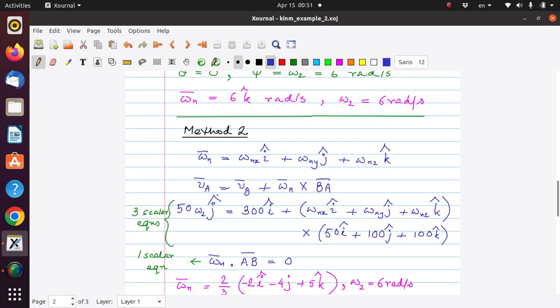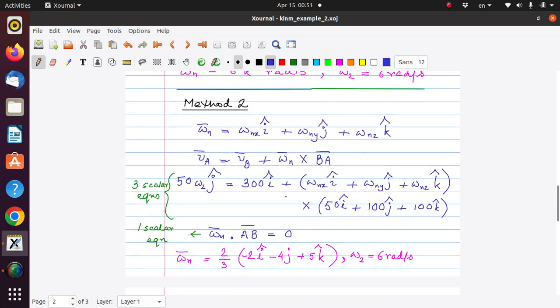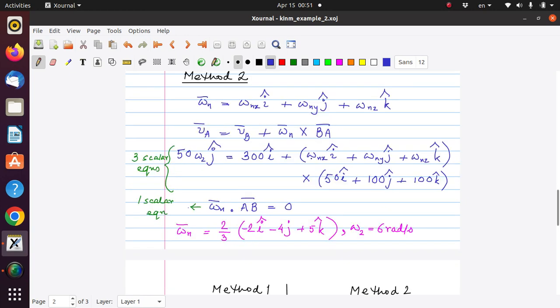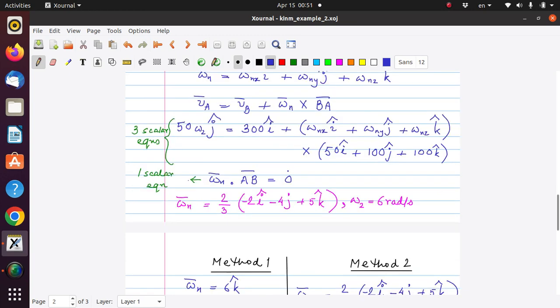And then they use the same relation, V equal to VB plus this. So again the same equation, only the omega is different, but here the number of unknowns is 1, 2, 3 and 4. So from here we get 3 scalar equations, because one vector equation gives you 3 scalar equations. So another scalar equation you require.